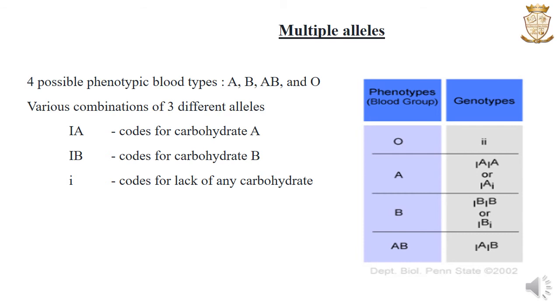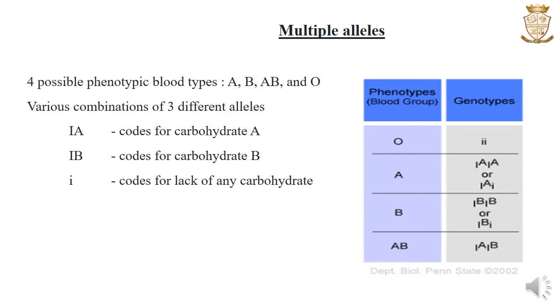So the blood group ABO is formed by various combinations of 3 different alleles: I^A, which codes for carbohydrate A, I^B, which codes for carbohydrate B, and small case i, which codes for the lack of any carbohydrate. So in a diploid individual, each individual has 2 alleles for this particular gene.